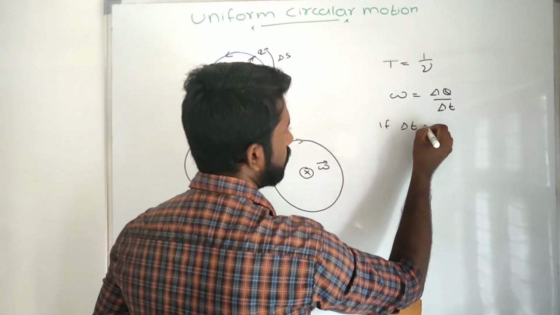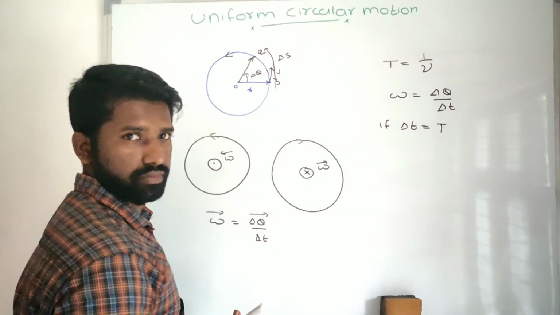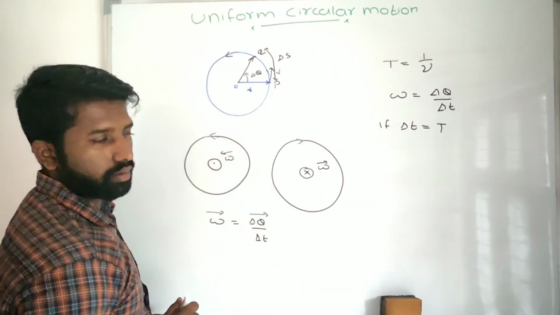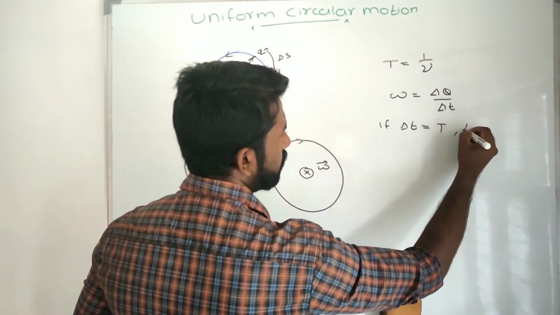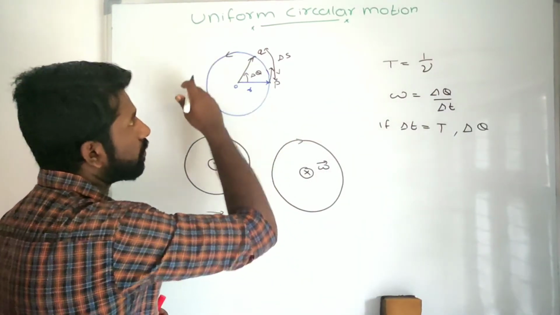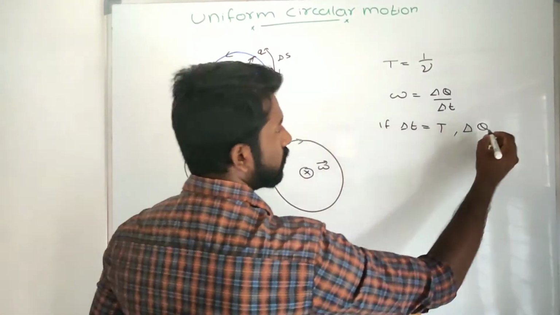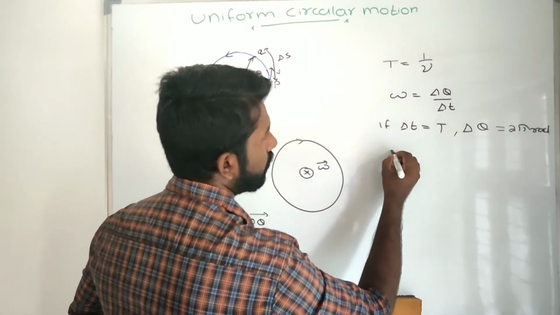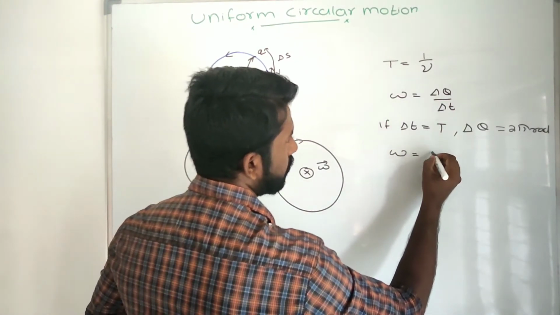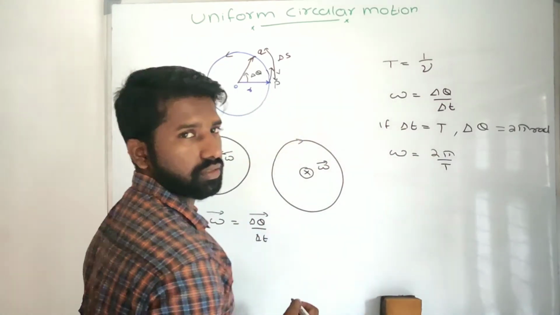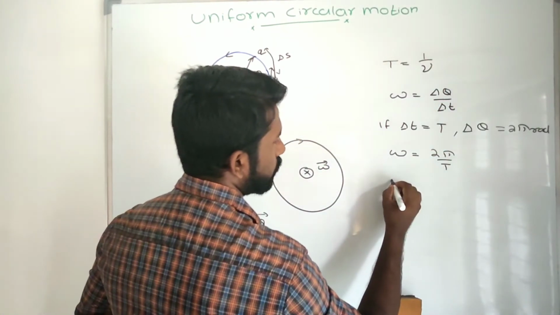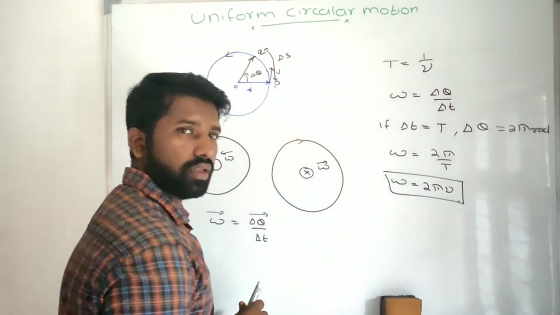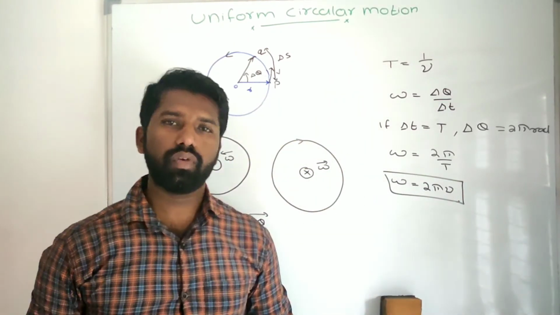If delta t is equal to the time period, that means delta t is the total time, then delta theta becomes the total angle of the circle, which is 360 degrees, that is 2 pi radian. So we can write it as 2 pi divided by T. This is omega. 1 by T is equal to nu, so omega is equal to 2 pi nu. This is another formula for angular velocity.